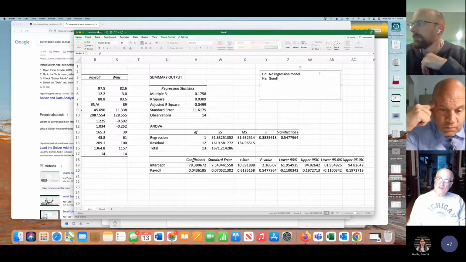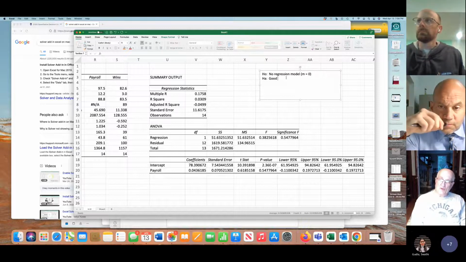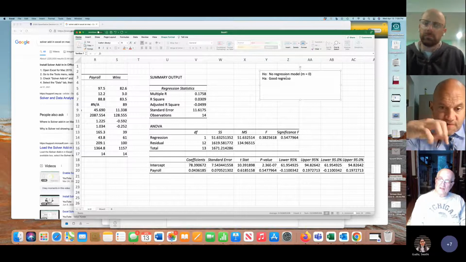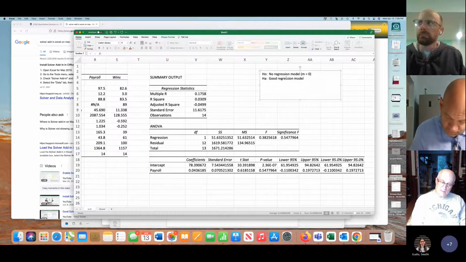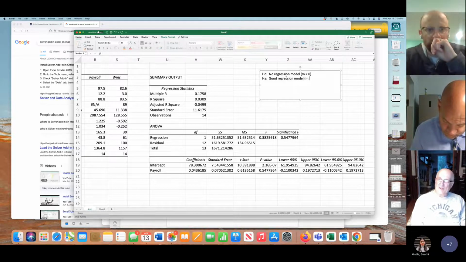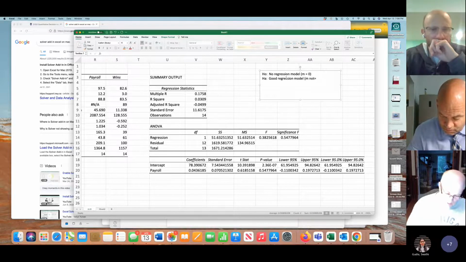What this usually means when we have 2 variables is that M, the slope, is equal to 0. A good regression model means M is not equal to 0.